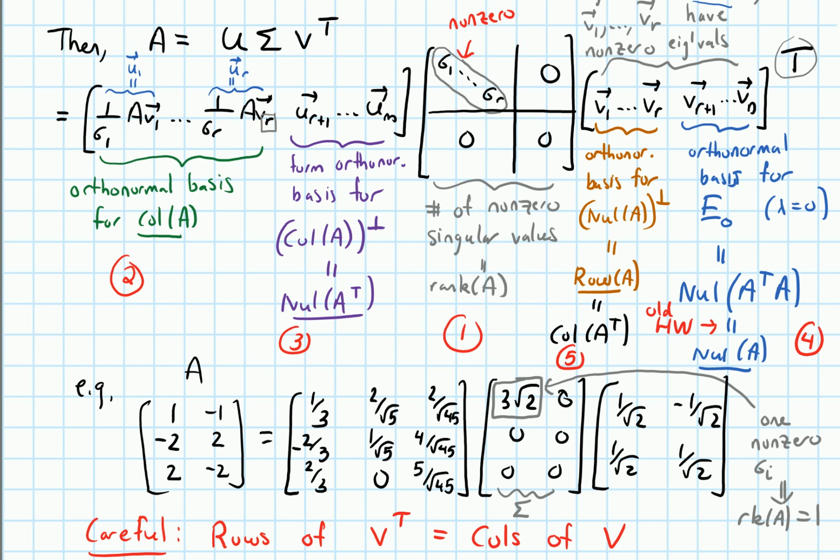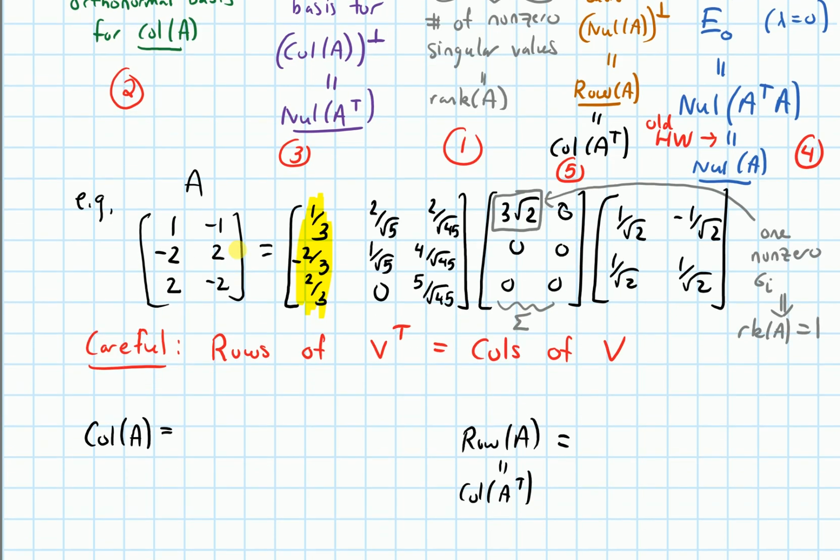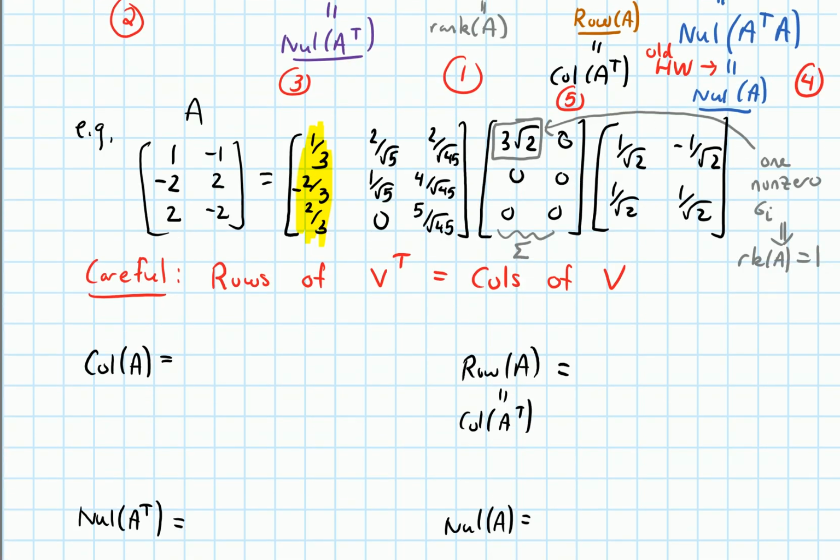So if I want to find a basis for the column space of A, I'm supposed to look at the first R columns of U. In this case, it's the first 1 column of U, this column right here. That's going to be a basis for the column space. So let's write that down: 1/3, -2/3, and 2/3.